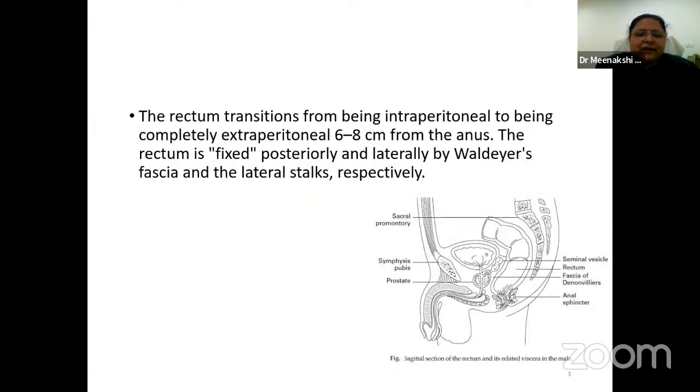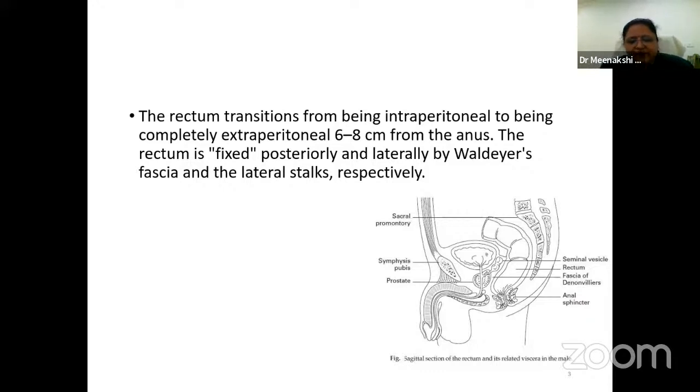The rectum transitions from being intraperitoneal to completely extraperitoneal, about 6 to 8 centimeters from the anus. This upper part is intraperitoneal, and the terminal 6 to 8 centimeters from the anus is extraperitoneal, which is very important to understand when we deal with the concept of rectal prolapse.